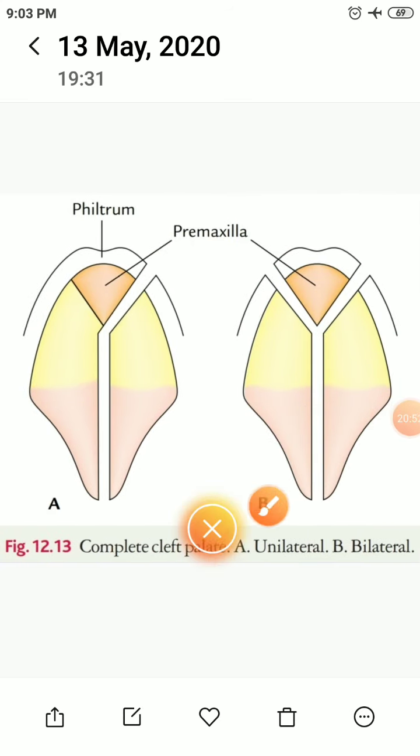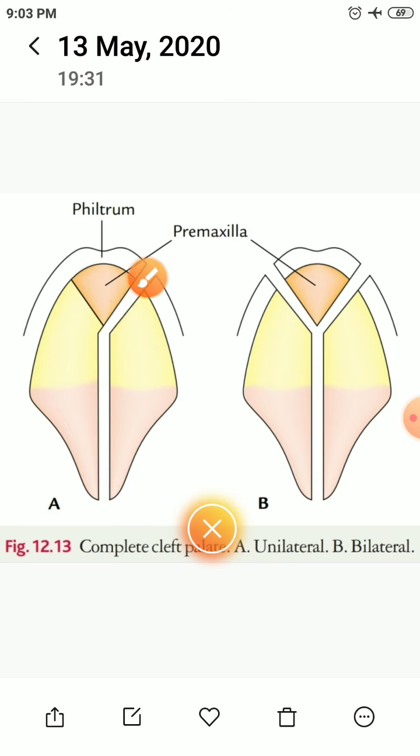Now we'll see the cleft palate that you can see. So this is the premaxilla, when it fails to fuse with the secondary maxilla. So this is unilateral. The cleft palate also extends up to this.